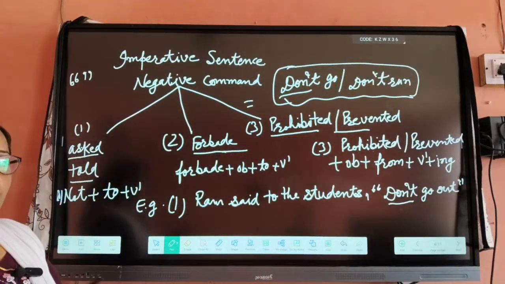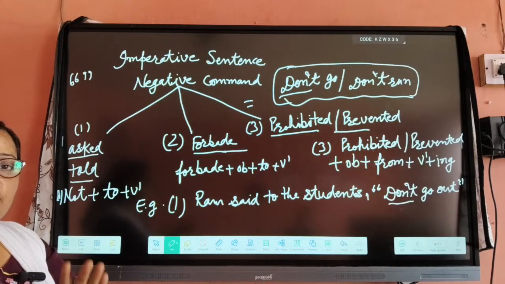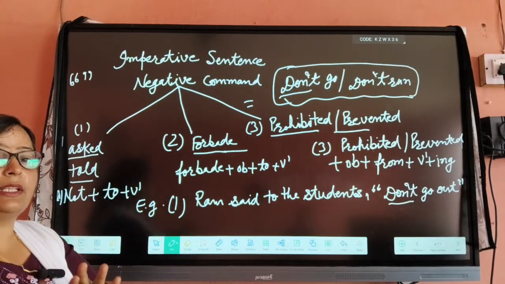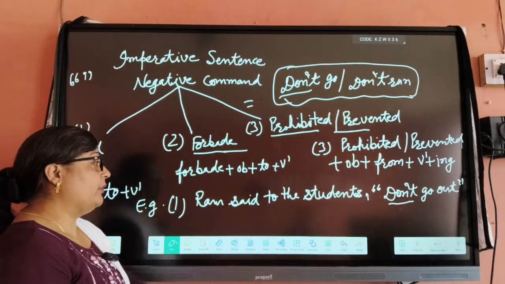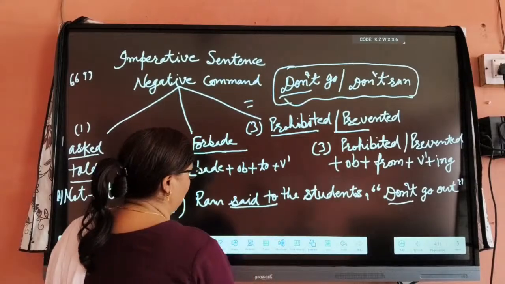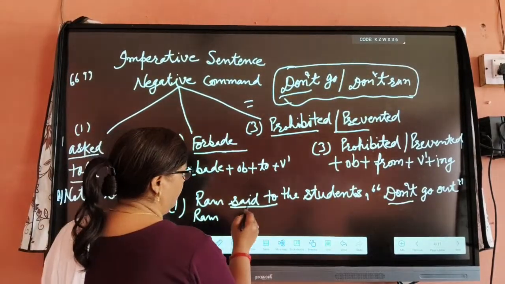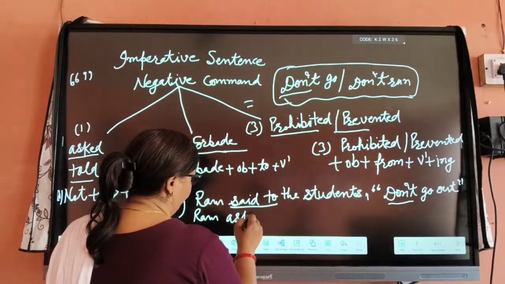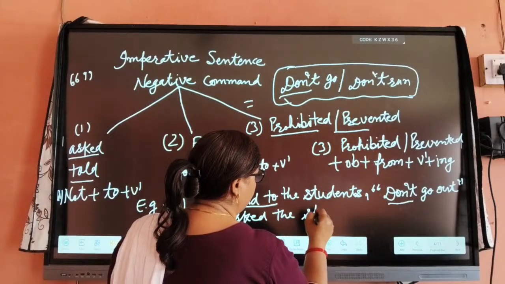And we know that there are three ways to change the narration of an imperative negative command sentence. We can change "said to" into "asked" also. How? Ram asked the students.